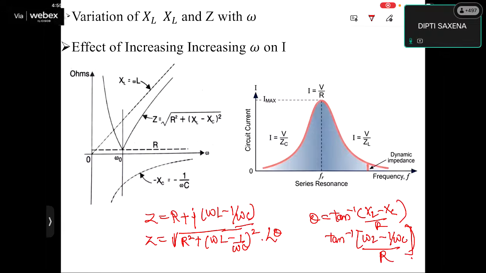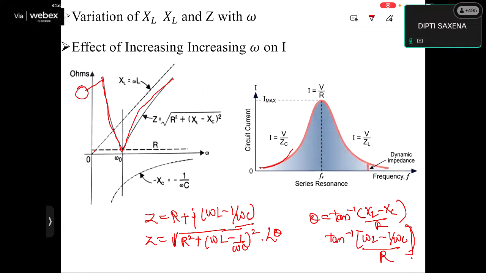Hence, the current magnitude approaches 0. This graph shows the impedance. So for small frequency, omega L is near 0, and 1 upon omega C will be infinite. Therefore, the impedance will be maximum and the current will be minimum. So, this is the current.